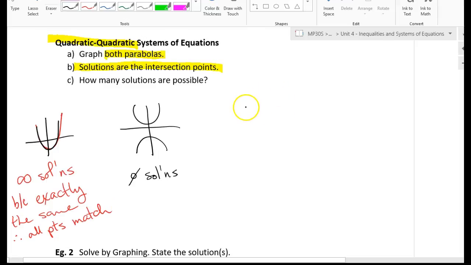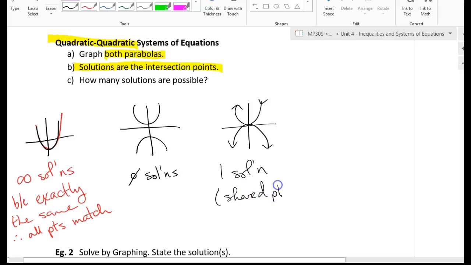Option 3 is when they share a vertex, but again, one's opening up and one's opening down. So again, this can be a vertex.